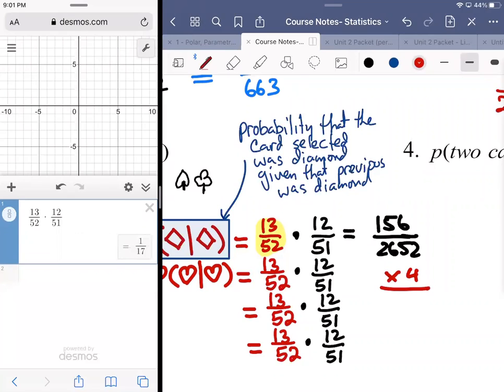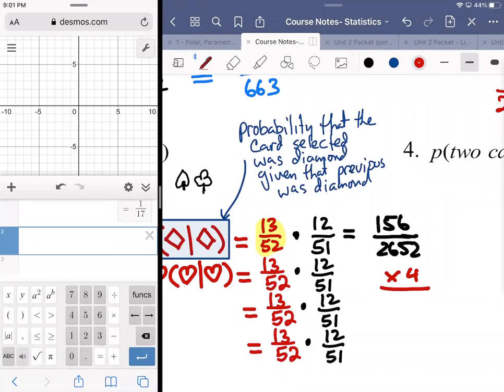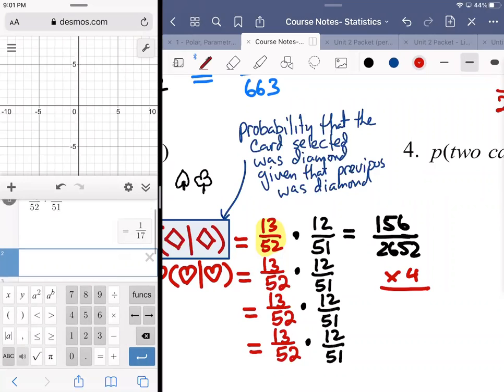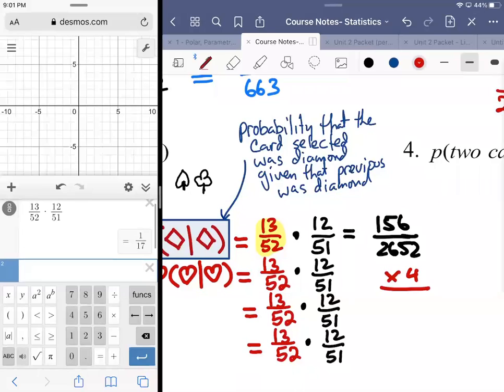It reduces, but that's the same as 156 out of 2652. You can go with the simplified form or otherwise. I don't want to skip too many steps here. This is the same as saying 1/17 multiplied by 4, which would give you 4/17.